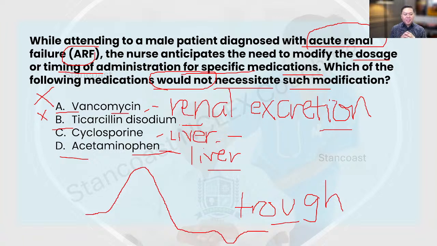All right. Now, for those medications that are metabolized by the liver, let's say like acetaminophen, the statins, especially the simvastatin, those statin medications, the fenofibrates, the fibrates, ezetimibe, those medications are metabolized in the liver.